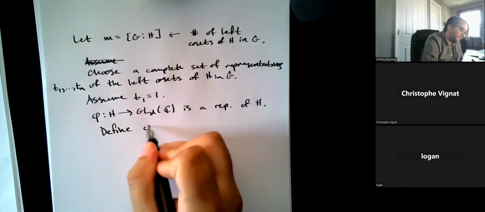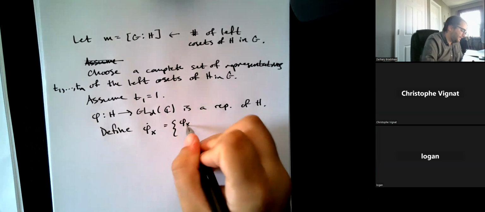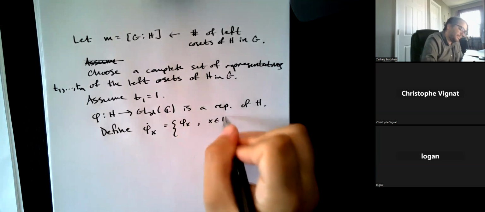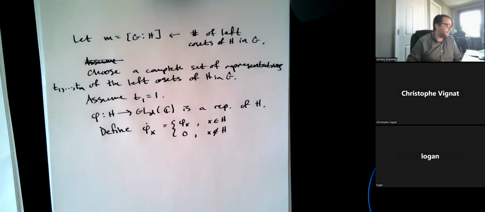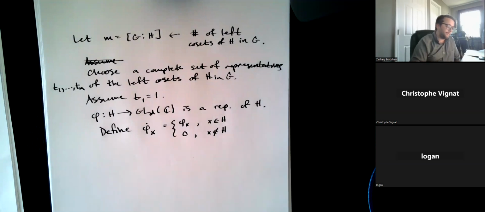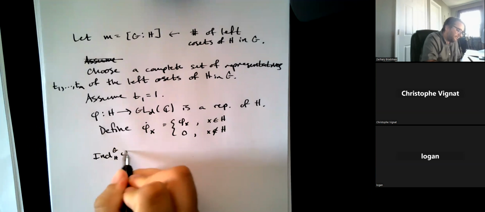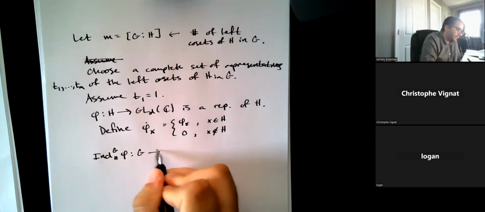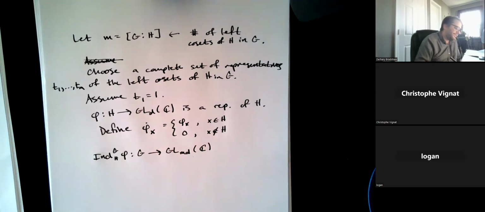And define phi dot x to be phi x if x is in H, and 0 if x is not in H. Here, 0 is the d by d zero matrix, because this thing needs to be an element of GL_d. So the induced representation of H to G of phi, from G to GL_md of C, is defined as follows.